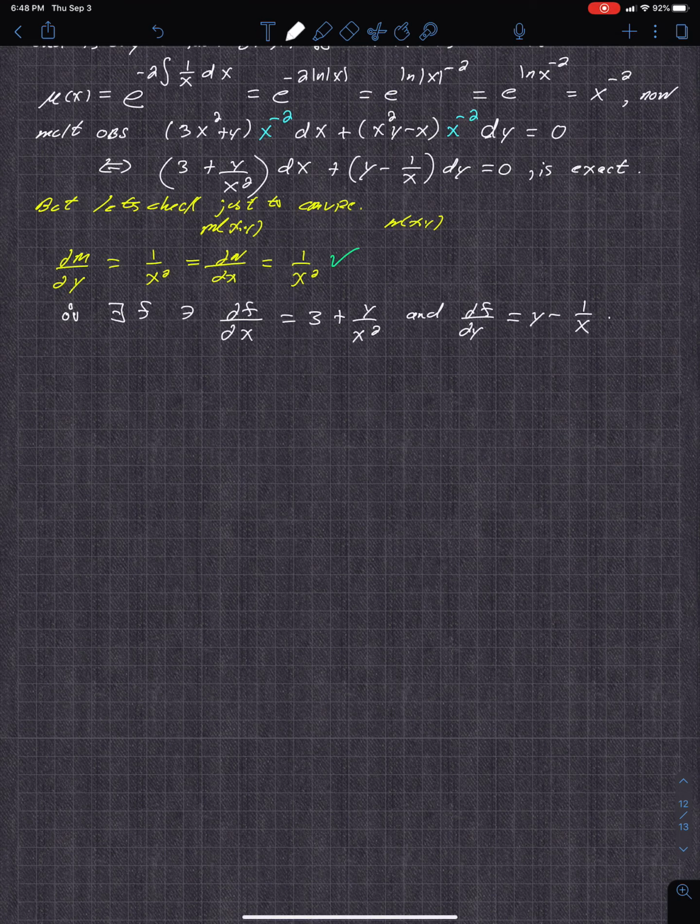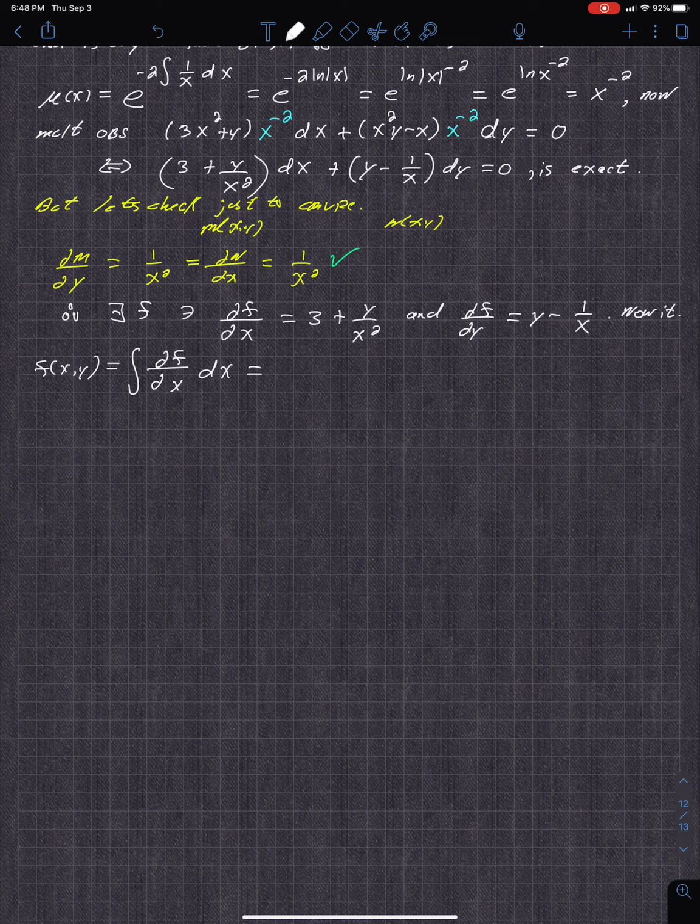And so now we integrate. We say f(x,y) is equal to the integral of the partial of f with respect to x, dx.